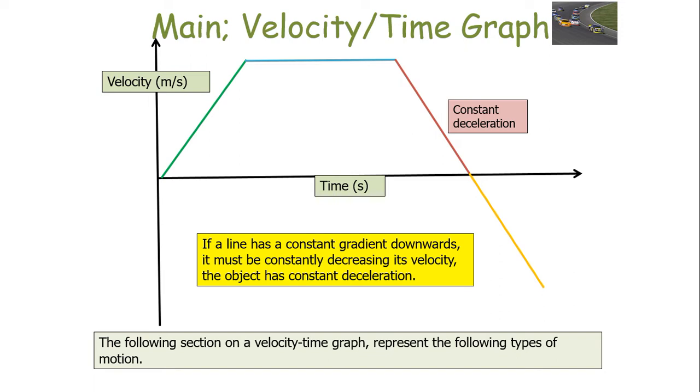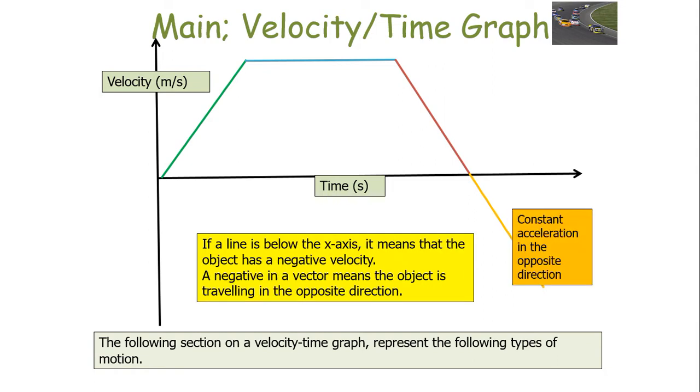Now, if the line has a constant gradient downwards, then it must be constantly decreasing its velocity, so the object has a constant deceleration. And then if the line is below the x-axis, it means the object has a negative velocity because a negative in a vector quantity, such as velocity, means the object is traveling in the opposite direction.